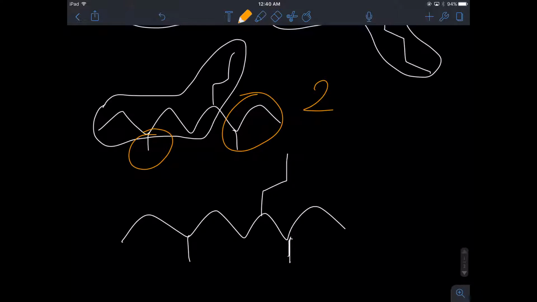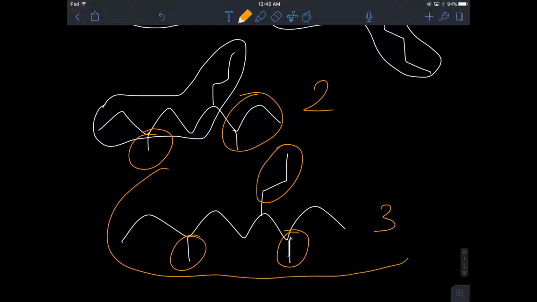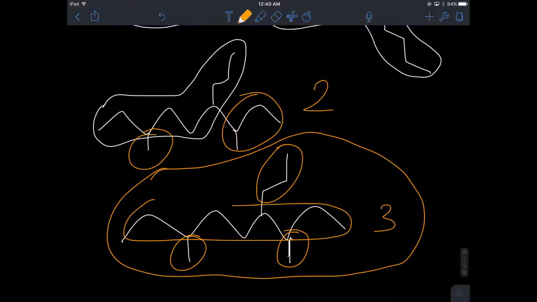Look at the bottom compound, the horizontal chain. How many substituents does it have? 1, 2, 3 substituents. So this is the right parent chain, this one, not the top one.